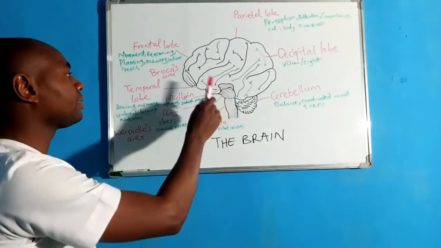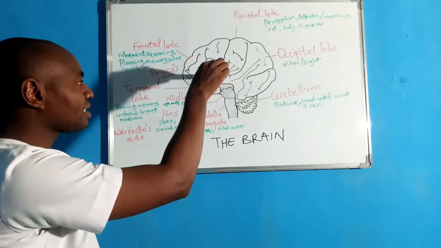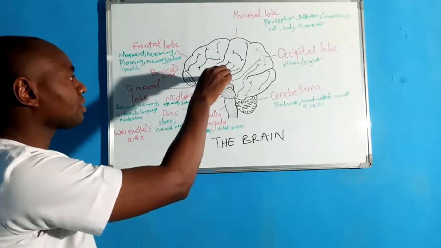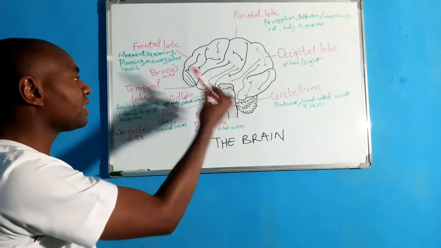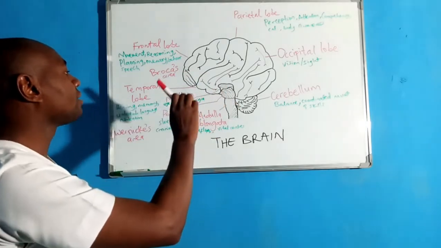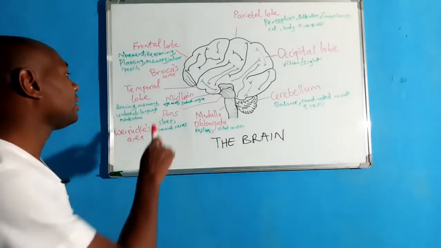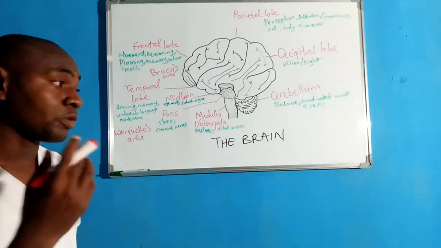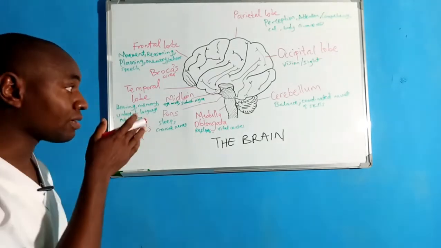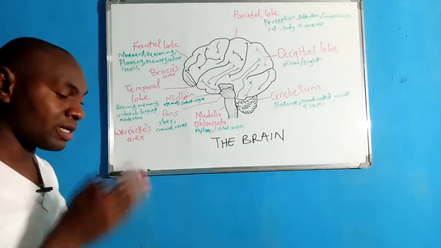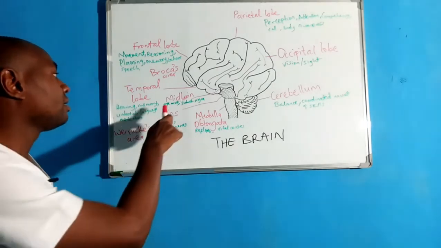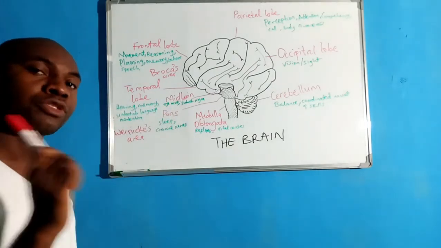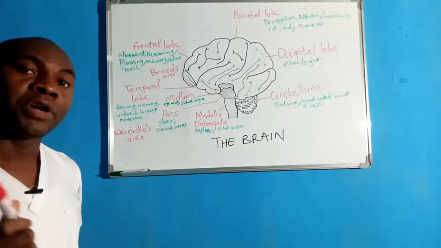Now, the midbrain is located immediately after the temporal lobe, beneath the brain, inside, and it functions majorly in eye movement. It contributes to our eye movement. So for me to move my eyes to the right, to the left, up, down, sideways, is as a result of contributions from the midbrain.